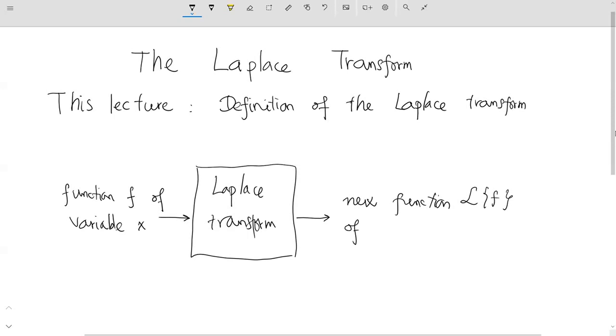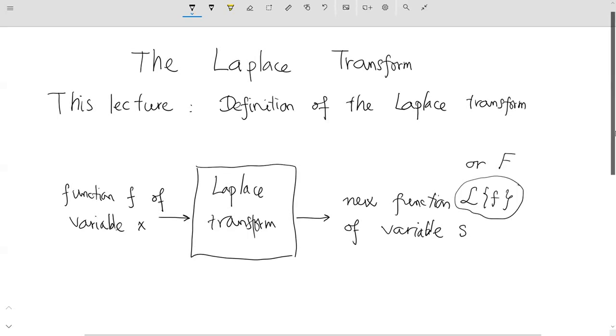But it has a new variable, and usually we use the variable s. The new function here can also be denoted by capital F. So keep in mind that we have a function f going in as an input, and for output we have a different function with a different variable.